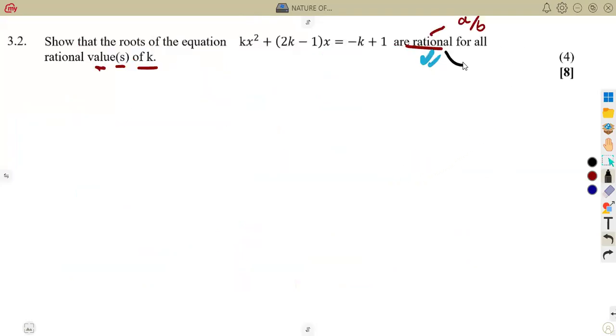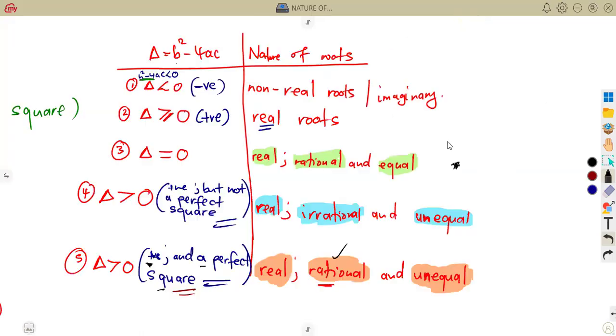For us to have a rational number here, it means our delta is equal to 0, or we have a condition where our delta is equal to a perfect square. These are the only two conditions, guys. Read your notes.